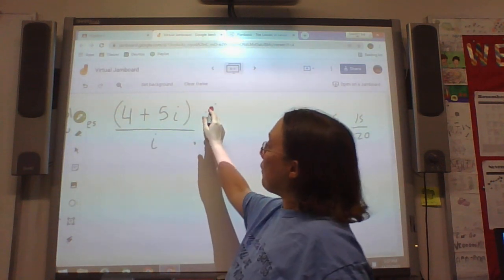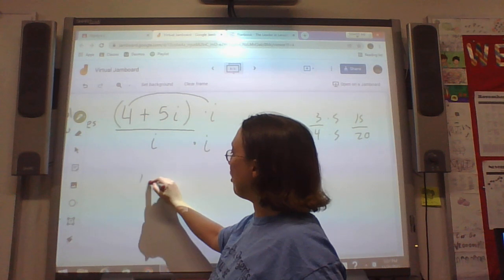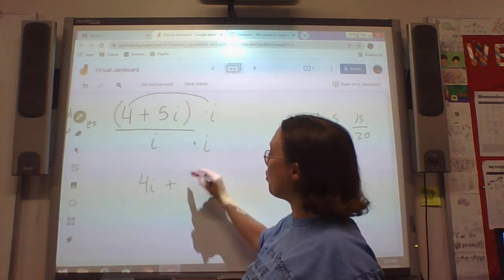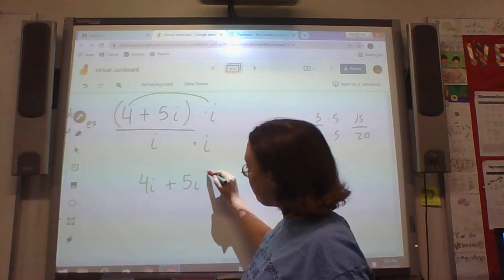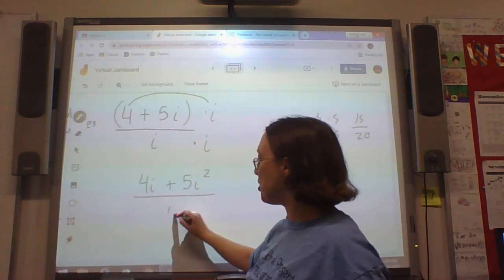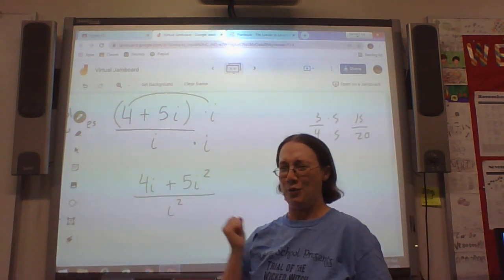So we're going to take this and distribute that i. So we get i times 4, which we're going to call 4i, plus a 5i squared. And on the bottom, we've got an i times an i, which is an i squared. Now, that doesn't immediately look any better. Why is that nicer?